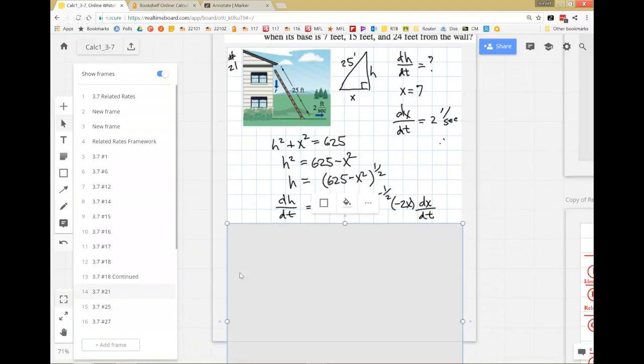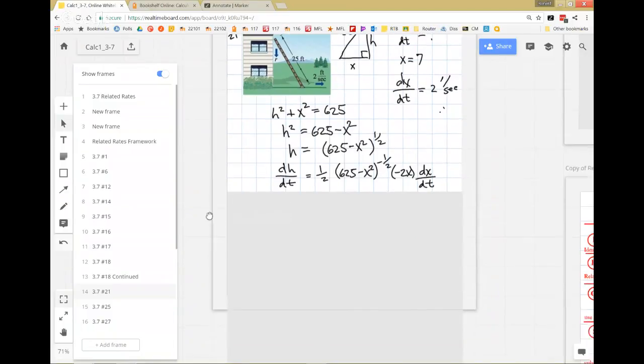So we take the derivative of both sides, dh dt, and then we do the power rule, 1/2 times 625 minus x squared to the negative 1/2. Chain rule, negative 2x. Chain rule again, dx dt, because we're differentiating with respect to time, and x is a function of that, so we have to do the chain rule.